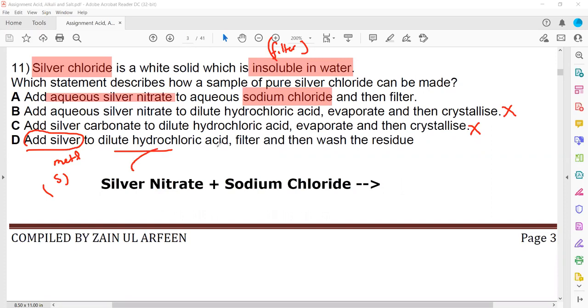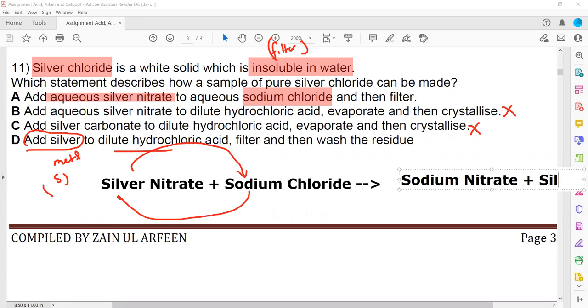Silver will take the position of sodium and sodium will take the position of silver. So as a result, the products will be sodium nitrate plus silver chloride. And this silver chloride is the insoluble salt.